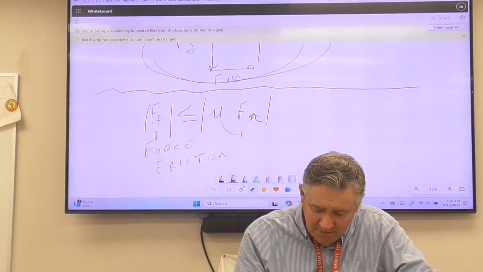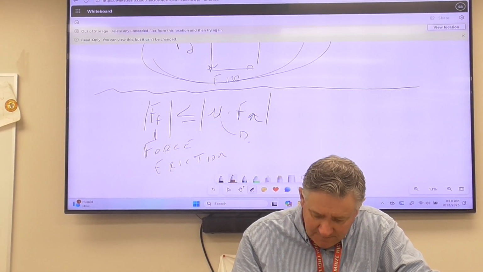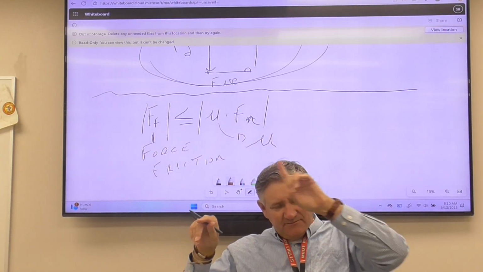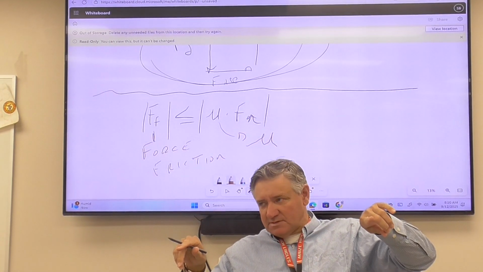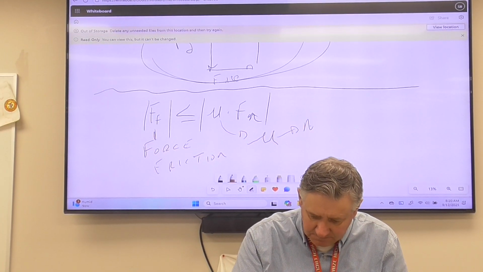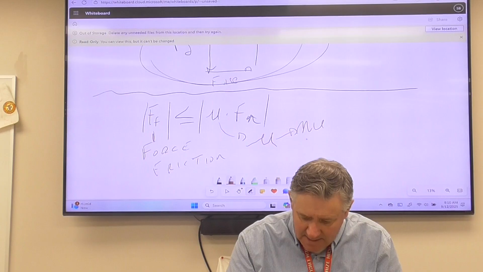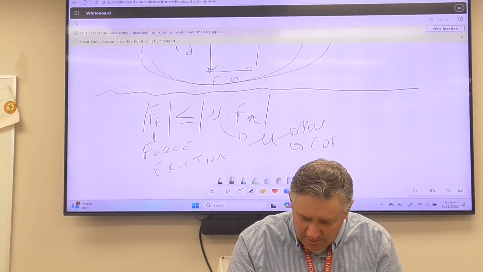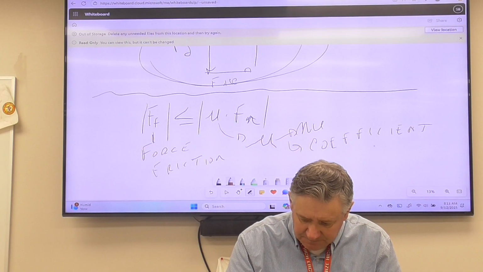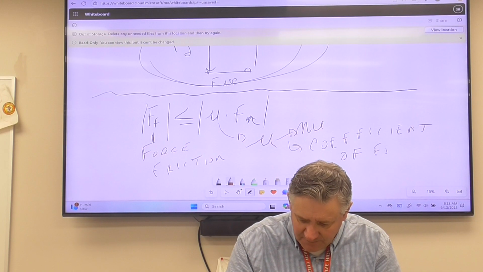So this value here, it's a Greek letter. It's the Greek letter mu, so it's like the letter U, but it has like a curly side off to one side. So this is the Greek letter mu. And this stands for the coefficient of friction, okay?